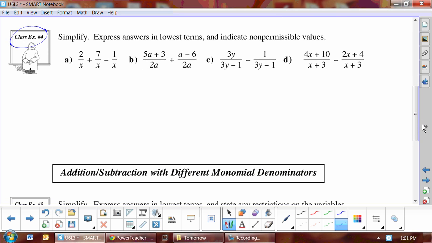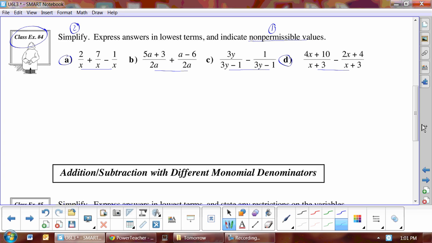Okay. So then we'll do A and D. For these ones now, the denominators have variables in them, but for example number 4, if you notice, they're all the same. So that makes our life really easy, even though there is a variable in it. They ask us to express in simplest terms and indicate non-permissibles. So we know that the first thing we do is find those non-permissibles, and then we simplify.